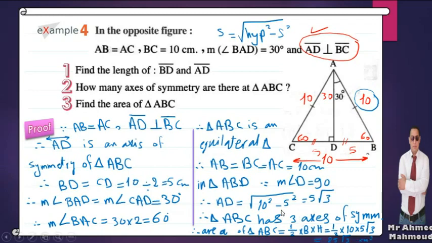Okay, and this is the end of this question. The next one.